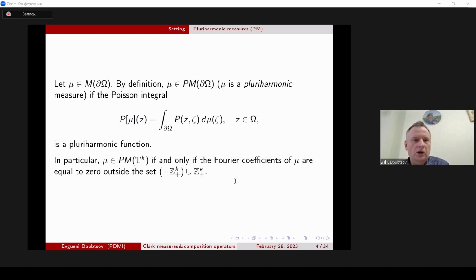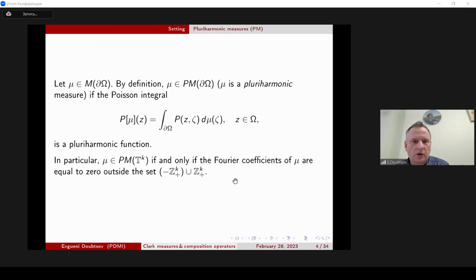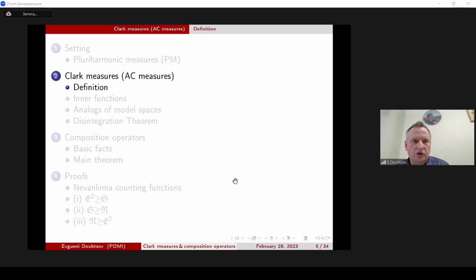Now I'm moving to the definition of the Clark measures, and I think that I should give, before the main theorem, some background. The title refers to the Clark measures in composition operators, but besides the definition of these measures, I should mention at least certain interesting properties.